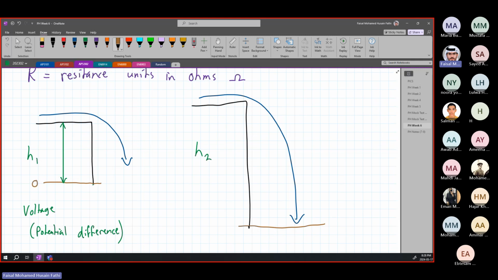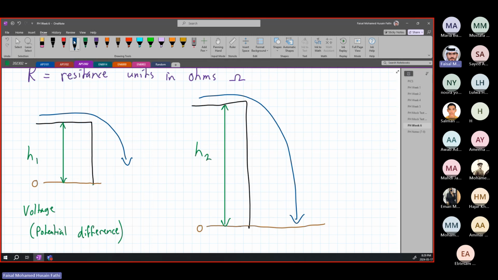So H1 is going to be the distance from the top of this cliff, you can call it, all the way to the ground. And H2, similarly, is the same exact idea. So this is our ground level, which is zero height. And this is your total height. Here, H2 is much bigger because the difference in height is much larger.